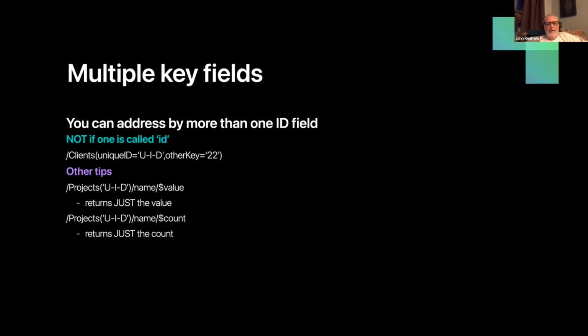Can you make that work? And the answer is yes, it absolutely works. That you can make this the, how do I get to this one record that I'm looking for? It's got to have both the unique ID field as this and the key field as this to find it.